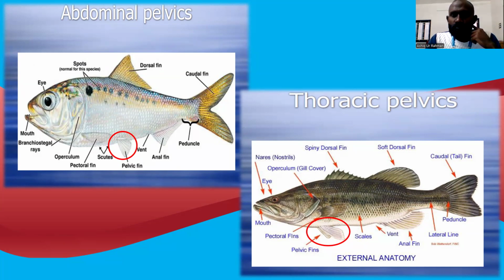Whereas in the fish at the bottom, the pelvic fins are close to the thorax region, which is next to the head, in between head and abdomen. Hence the name thoracic pelvics, right? So each and every character differs according to the fish species.